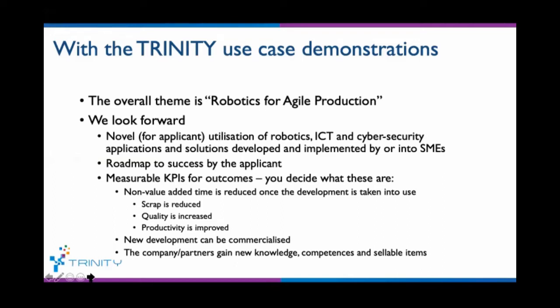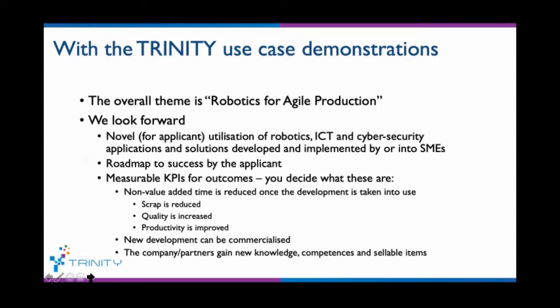All right. So now, with the use case demonstrations, let's go more into the details. The overall theme for the open call and new use case demonstrations is robotics for agile production. One way or another, we want to increase agile production.